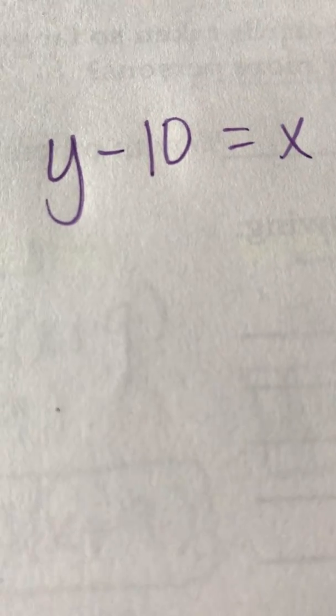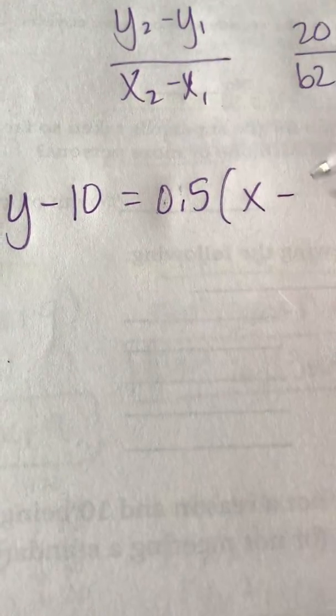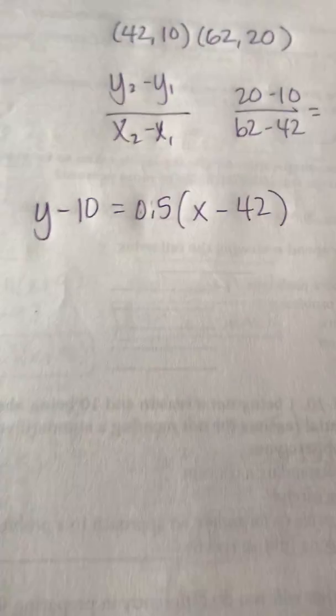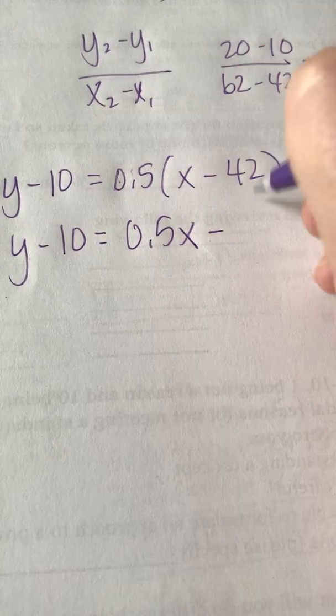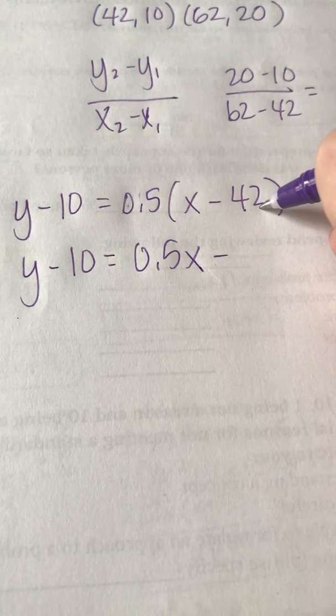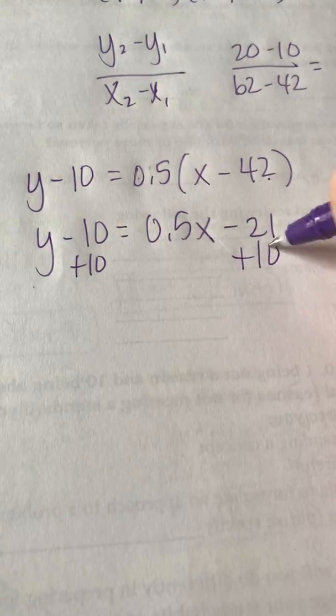All right, now y minus 10 equals 0.5 times x minus 42. That equals 0.5x minus 0.5 times negative 42, that's half of negative 42, which is negative 21, plus 10.